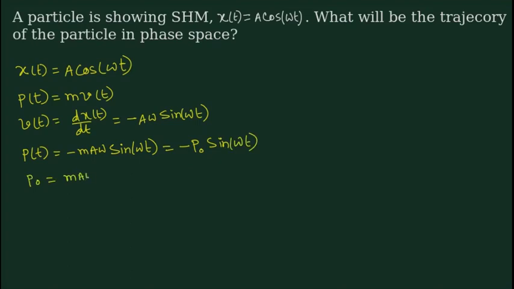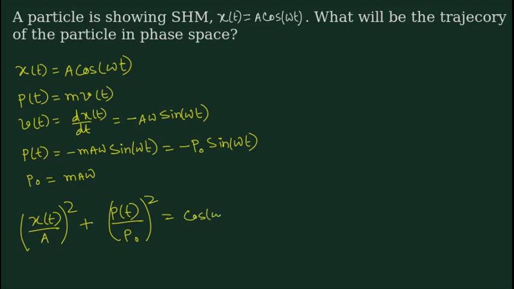Okay, so (x(t) by A) whole square plus (p(t) by p naught) whole square, this is equal to, x(t) by A will be cosine of omega t, so cosine square of omega t, plus p(t) by p naught, that will be minus sine omega t, when we take its square, it will be sine square of omega t.